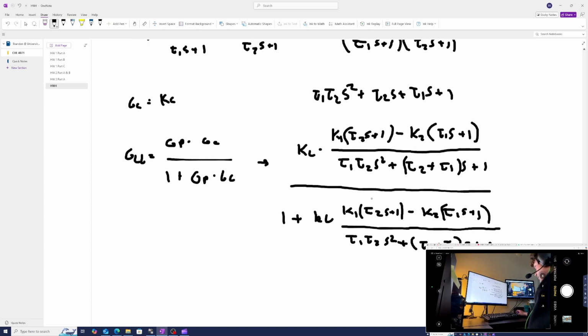And what we can do one more time is simplify this further by dividing across and getting a common denominator of our polynomial.